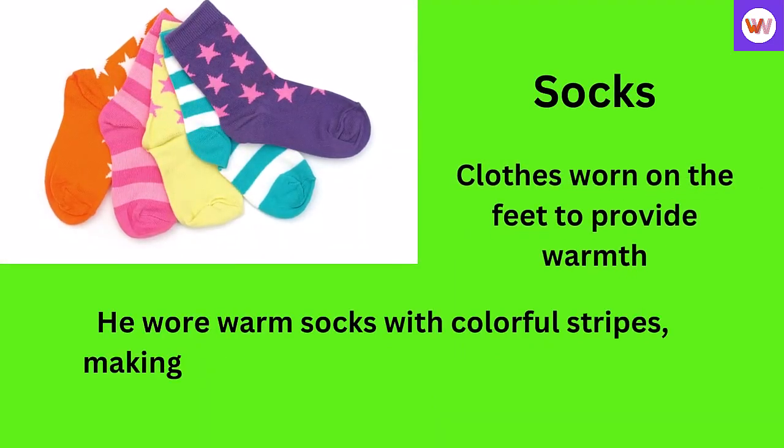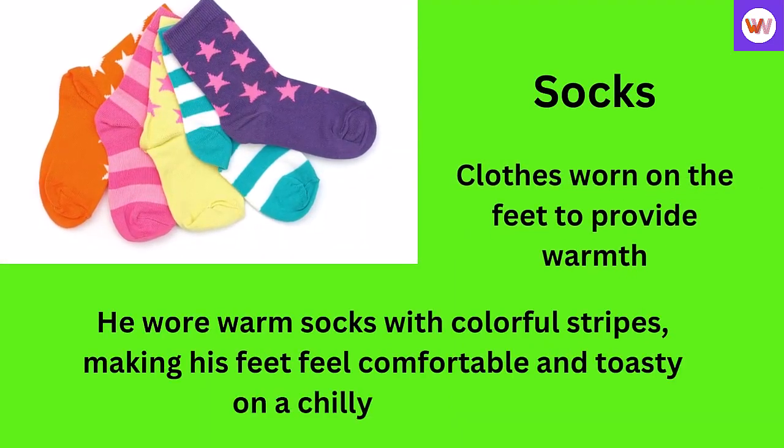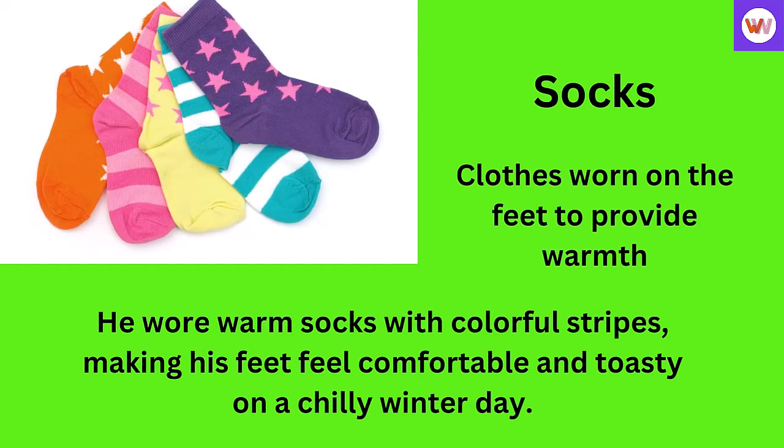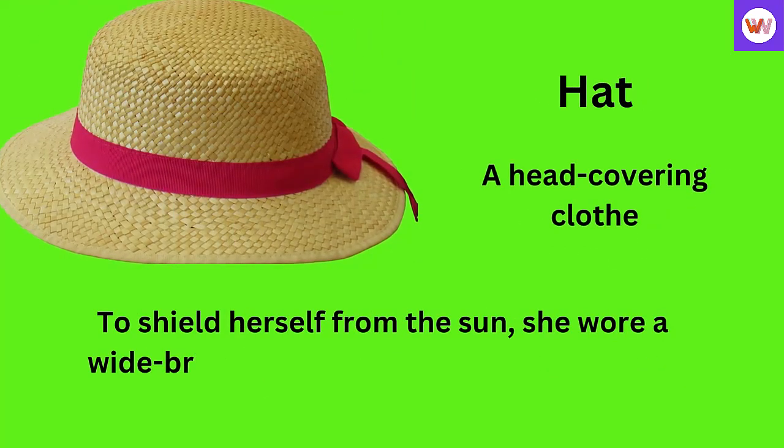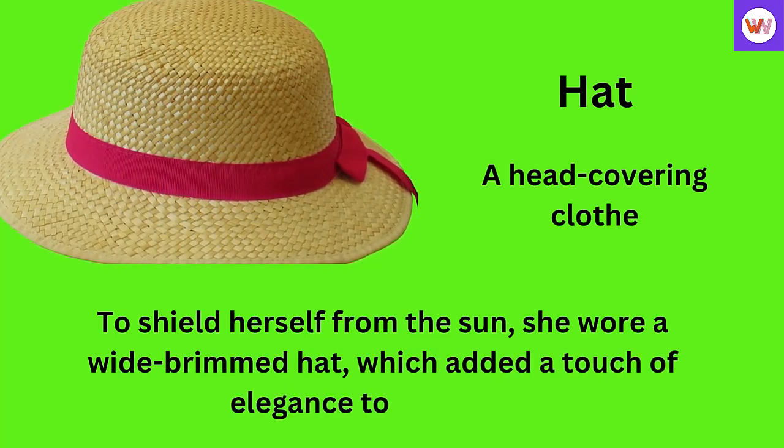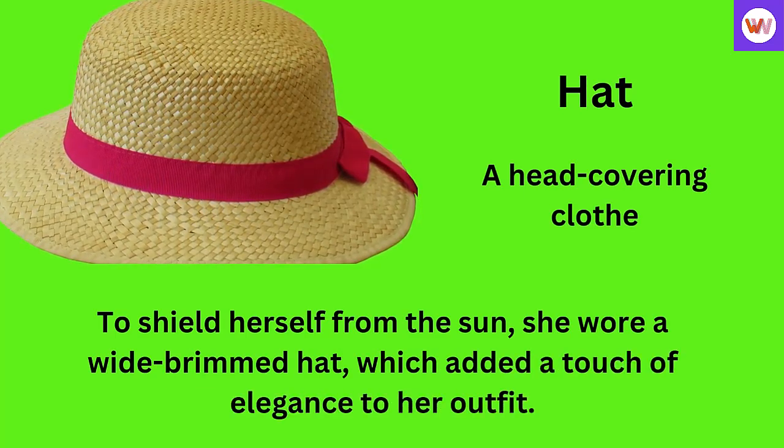Socks. Clothes worn on the feet to provide warmth. He wore warm socks with colorful stripes, making his feet feel comfortable and toasty on a chilly winter day. Hat. A head-covering cloth.